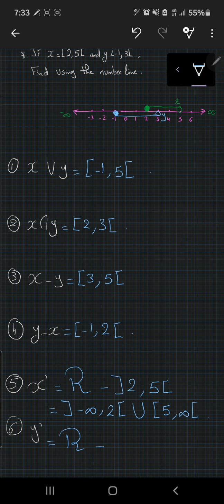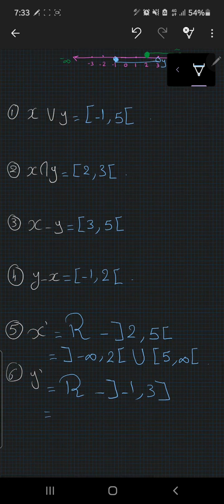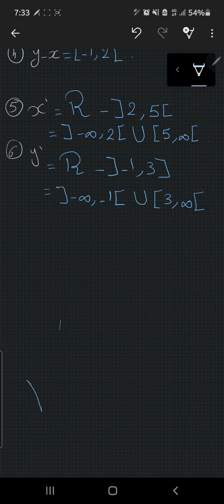Here closed we make it open, 3 open we make it closed. Or from negative infinity to negative 1 open, union, from 3 closed to infinity open. Okay, thank you guys.